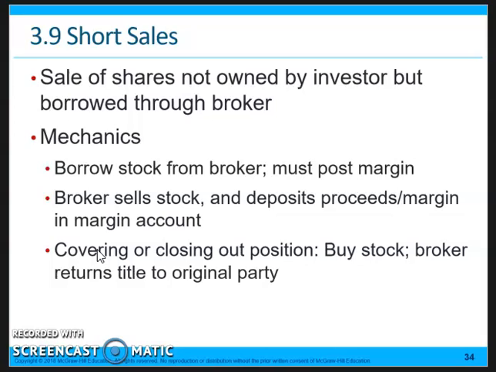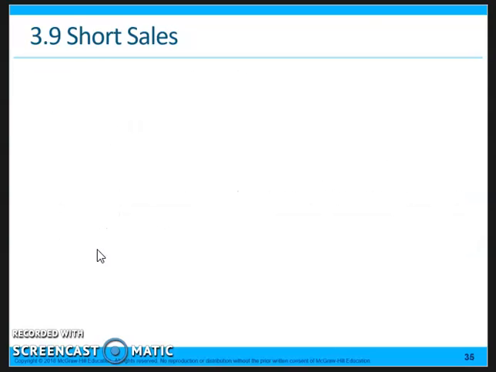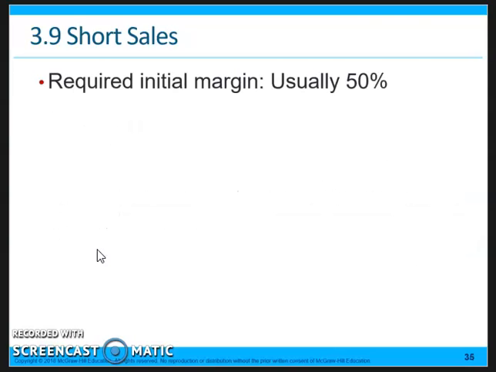When you cover or close out the position, you buy the stock, and the broker returns the stock to the original party, which in most cases is probably the broker himself. The required initial margin is usually 50%, and can be more for lower price stocks.